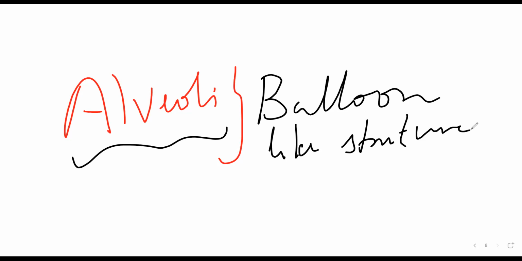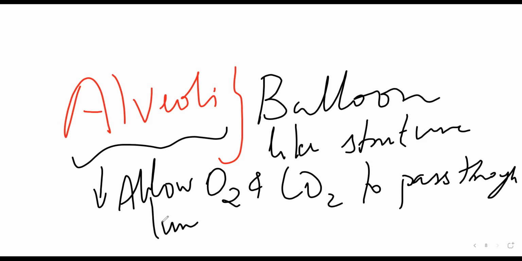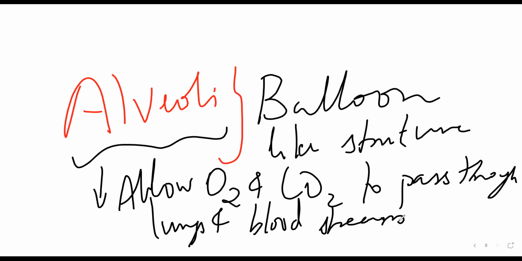This helps the movement of oxygen and carbon dioxide between the lungs and the bloodstream. So the main purpose of alveoli is that they allow oxygen and carbon dioxide to pass between the lungs and bloodstream respectively.